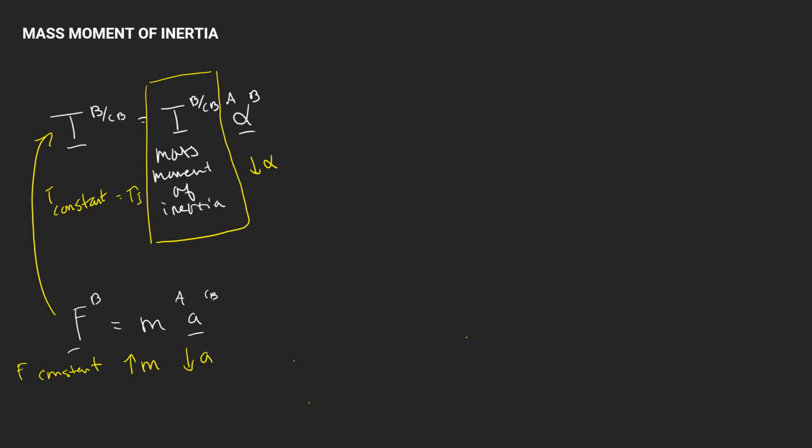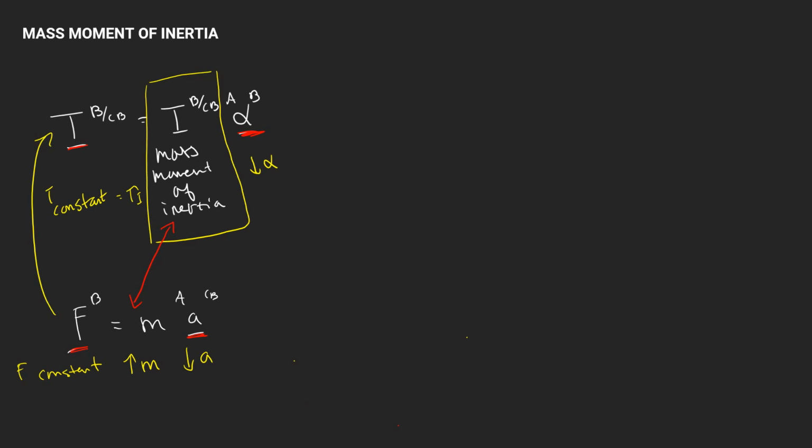Here we have a linear force relating to a linear acceleration, and in the first equation we have a rotational force, or a torque, relating to rotational acceleration. That should give you a sense of how the mass moment of inertia and the regular mass term that we're very familiar with are related to one another.